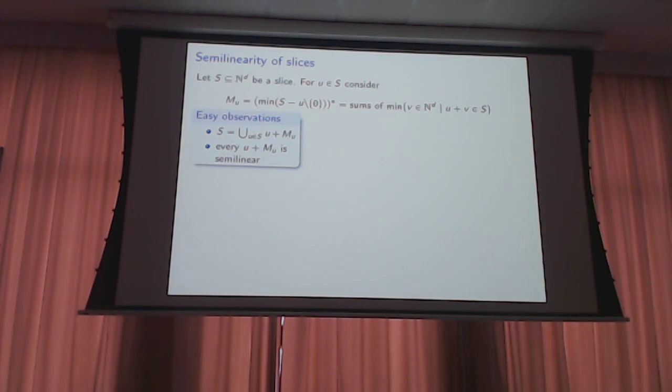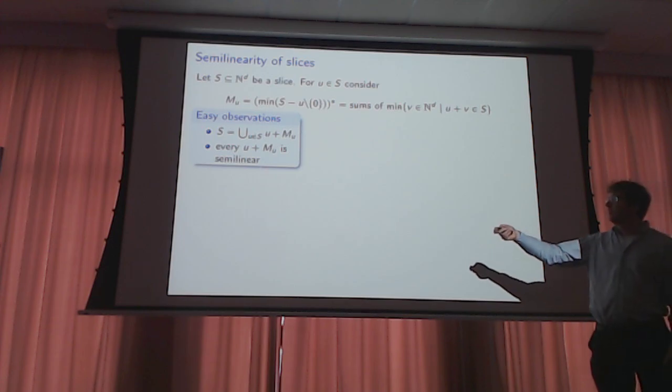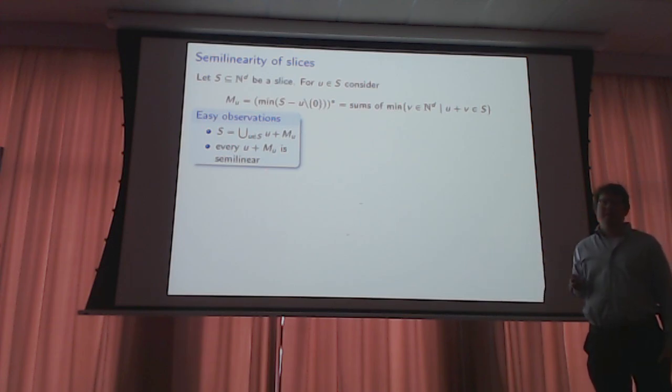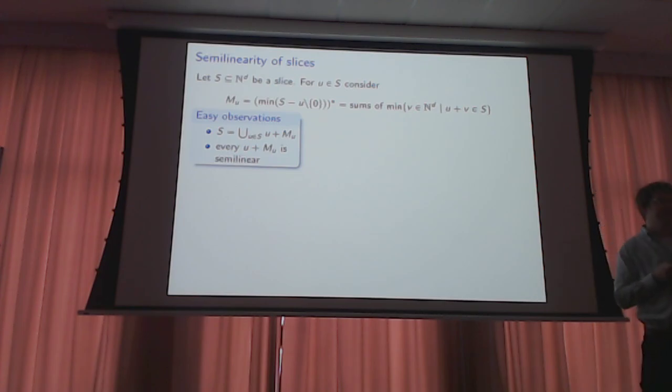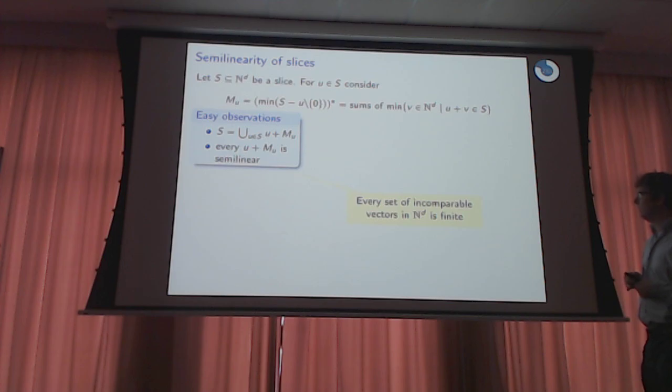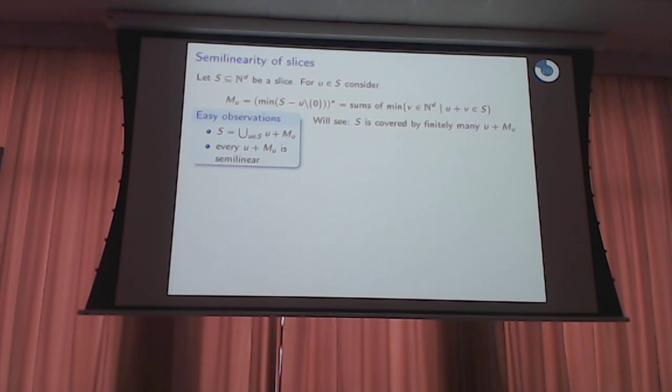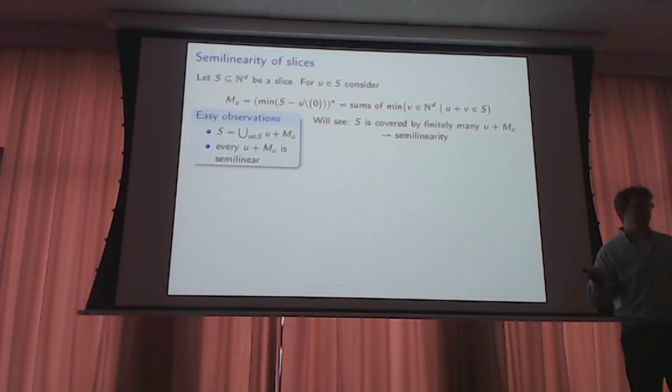And the whole proof is to observe that actually you only need finitely many of these patches. So actually only finitely many of them are distinct. That's the proof. Right, this is why it's semilinear. So we will show that S is actually covered by finitely many. And this, of course, implies semilinearity because a finite union of semilinear sets is semilinear.